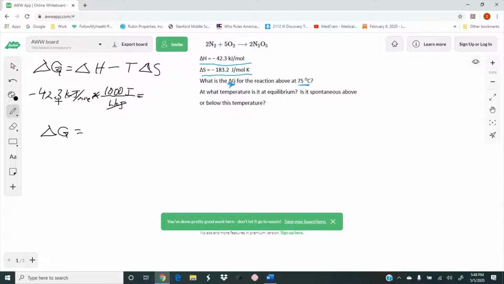Negative 42.3 times 1,000 gives you negative 42,300 joules per mole. So that's what I'm going to use for my delta H: negative 42,300 joules per mole.